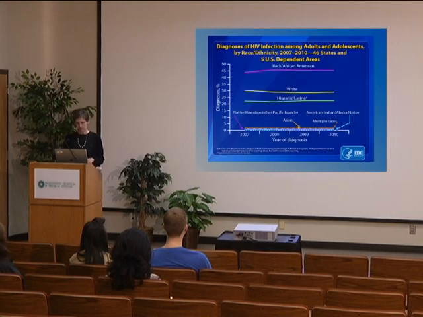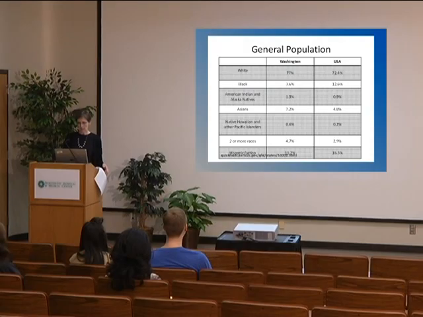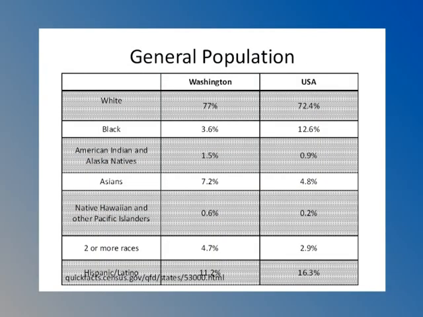And then this is over time by race and ethnicity, and African Americans are up at the top, followed by whites and Hispanics. Just to give you an idea, if you recall going back here, 45% of the people who are infected are African Americans.